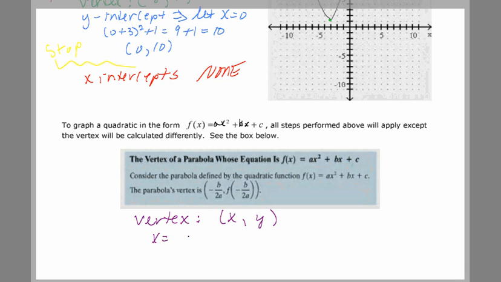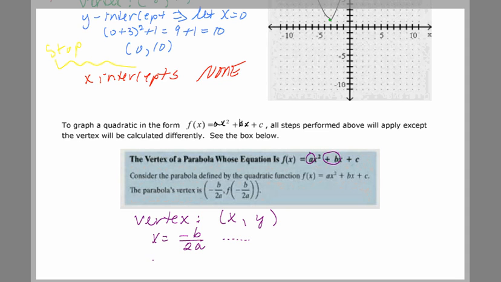The way the x value is found is we use this little formula, negative b over 2a, where the b comes from the middle coefficient, so we take the opposite of b and divide it by twice the first coefficient. So negative b over 2a will calculate the x-coordinate. So I would need to go through and do that arithmetic.